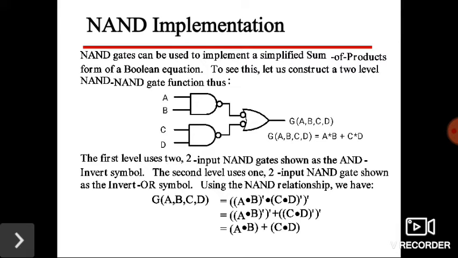The second level uses a two-input NAND gate, known as the invert OR symbol. Using the NAND relationship, we have G of A, B, C, D equal to ((AB)bar dot (CD)bar) the whole bar. After simplification, we will get AB plus CD.